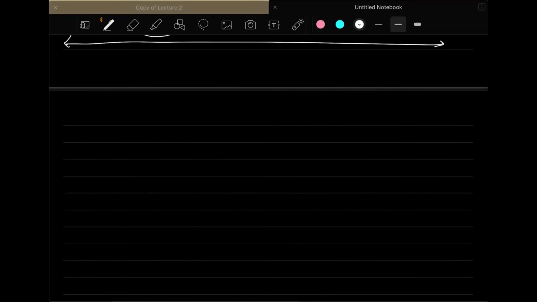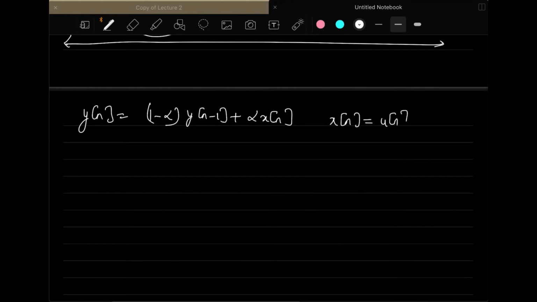Okay, so if you have this question, let us say y[n] equals (1 minus alpha) y[n minus 1] plus alpha x[n], with x[n] as unit step, and your y[minus 1] is equal to 2.5. If this is the question available to you, I want to know the complete response of this system.